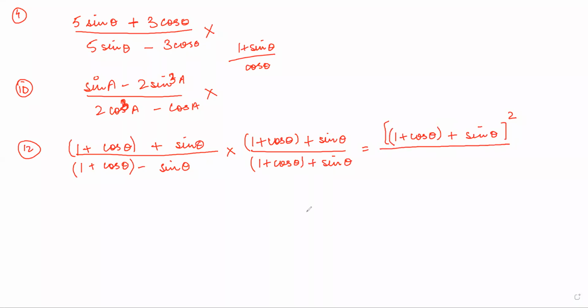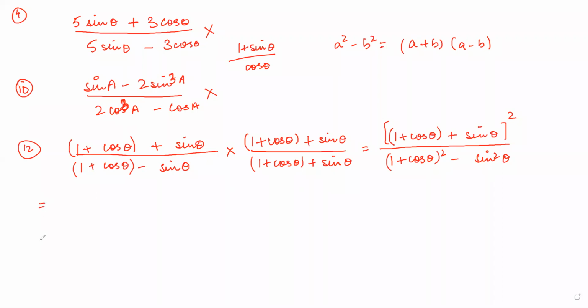And in the denominator, now you can see I have a minus b into a plus b kind of thing, right? So it will become a square minus b square. That's the identity we know, right? So it will become 1 plus cos theta whole square and minus of sine square theta. Is this okay?